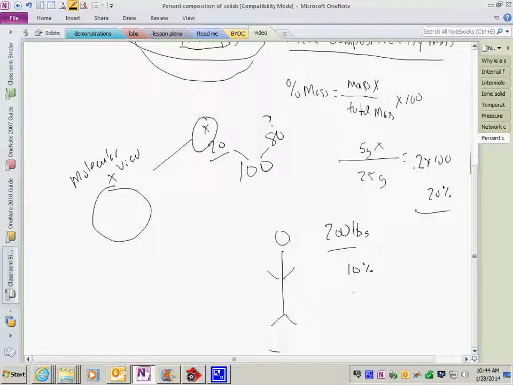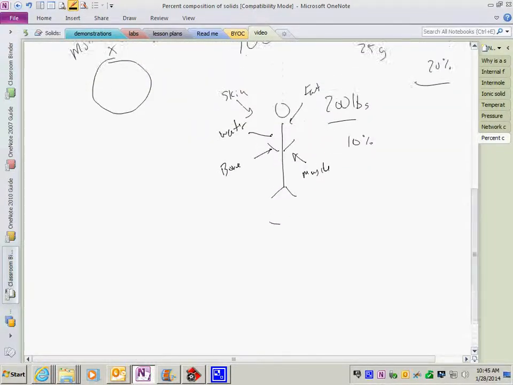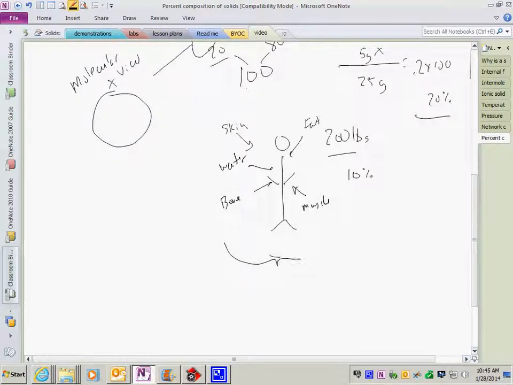That means of all the things they have, bone, water, skin, fat, muscle, all these things add up to the total weight of the individual, which is 200 pounds.